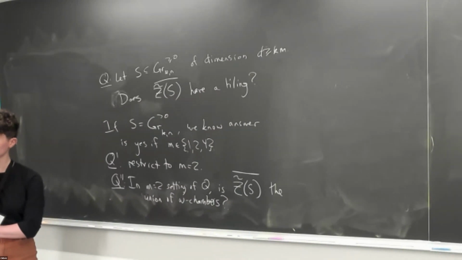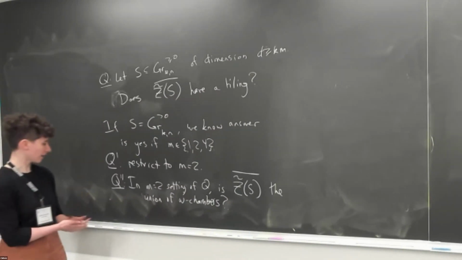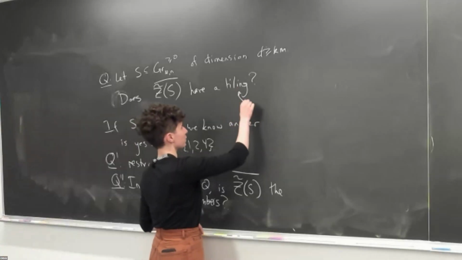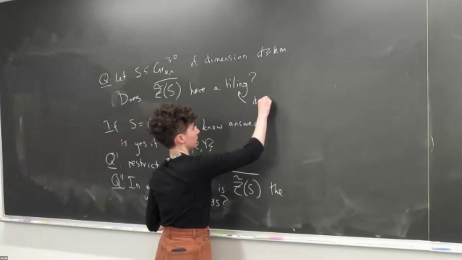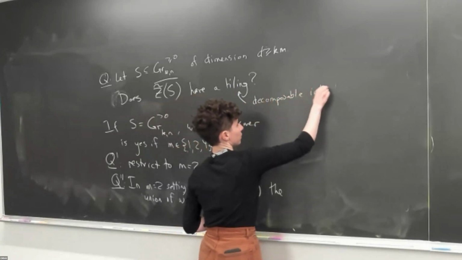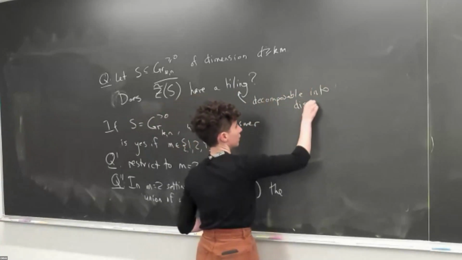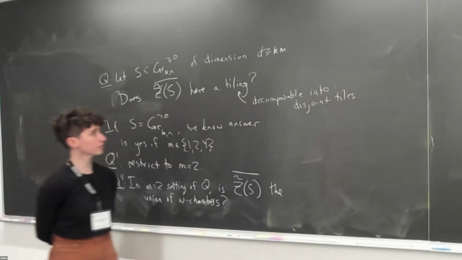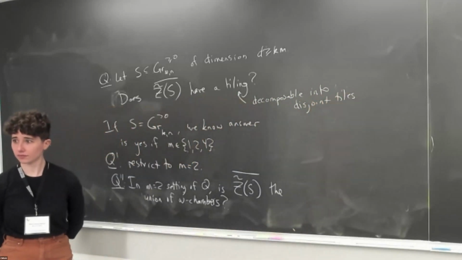Maybe I'll say one thing. Remember, tiling means it should be decomposable into disjoint tiles. But do we know something about it? I think Mark wrote down some of the poset of the form.